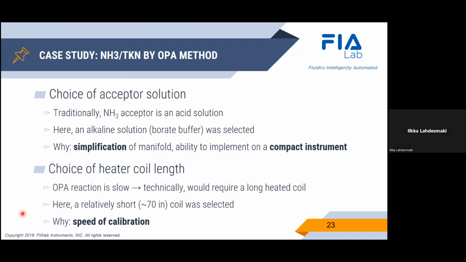Had we chosen a really long coil, yes, that would have increased the response, but it would have come with the price tag that now the coil is so long that you're going to have to wait quite a long time for each sample to go through the coil. And now that quick calibration that has been the trademark of FIA instruments would have gone at least partially out the window.